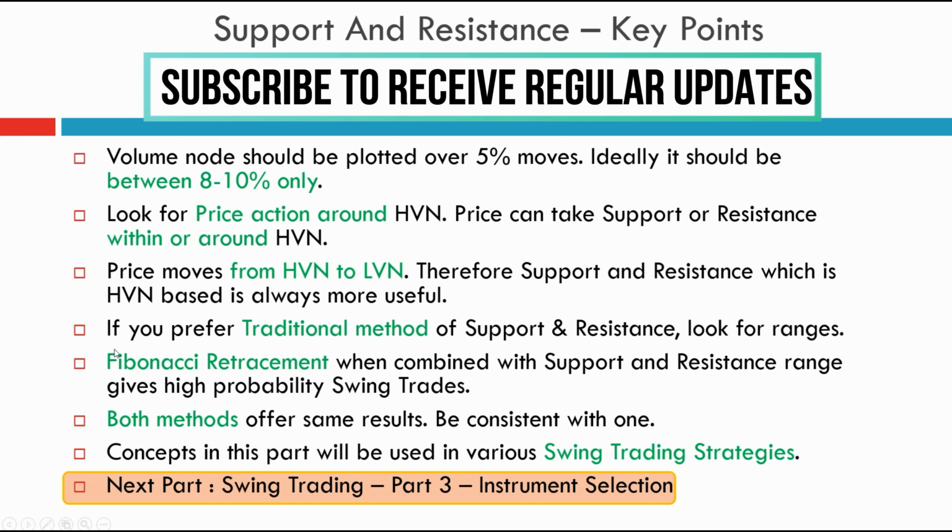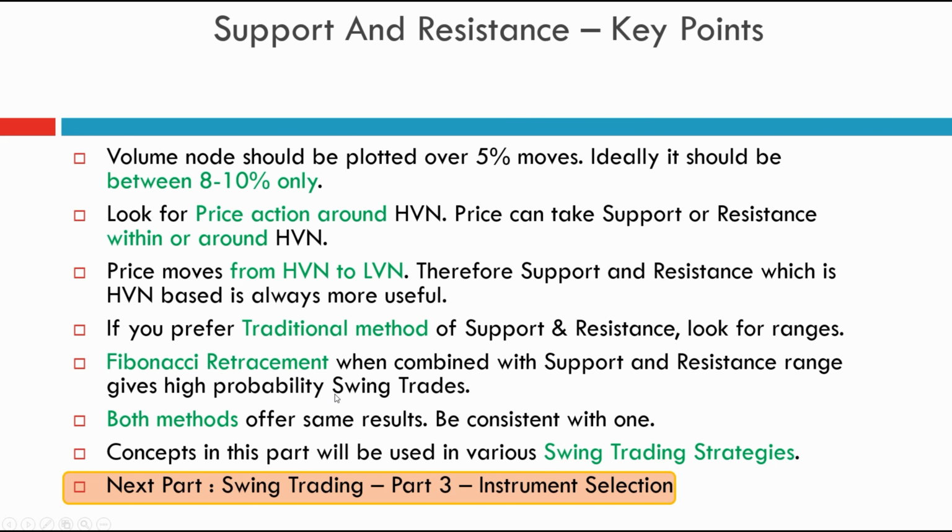I've then shown you how you can combine a simple Fibonacci retracement indicator, that is 50% retracement, to identify high probability support and resistance levels. I've also shown you how you can identify support and resistance levels based on high volume node and low volume node.